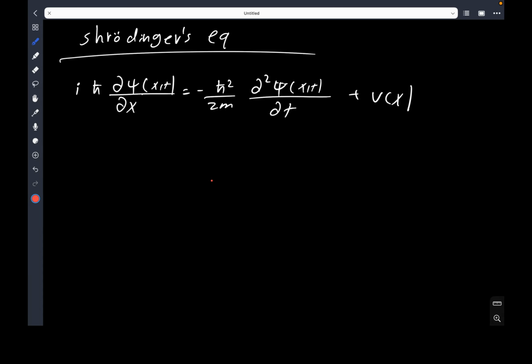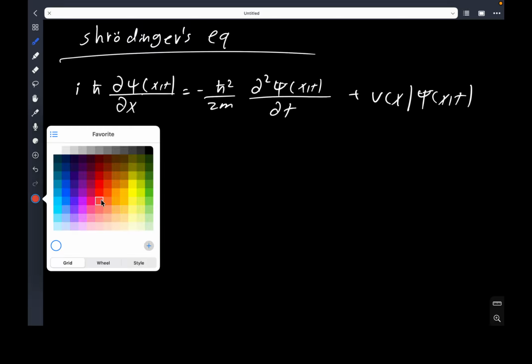So first of all, what is an infinite square well? It's all about this potential here, but let's recall the Schrodinger's equation. This psi here is the wave function. This is the potential energy, and I had to include psi here as well.